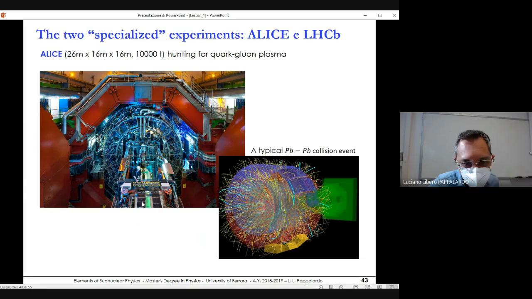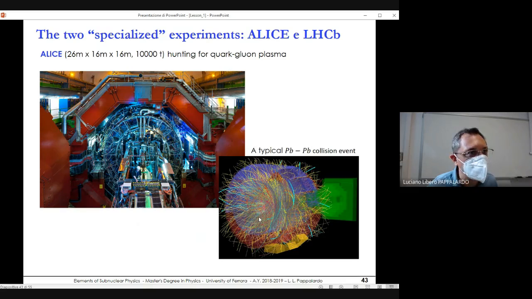And okay, so this is a picture of ALICE. ALICE is mainly thought for studying ultra-relativistic collisions of heavy ions. So LHC not only accelerates protons, but can also accelerate ions as heavy as lead. So we can have proton-proton collision, proton-lead collision, and lead-lead collision. And ALICE was specialized for studying these huge lead-lead collisions, where you see the multiplicity of the tracks that you produce in every collision is incredible.